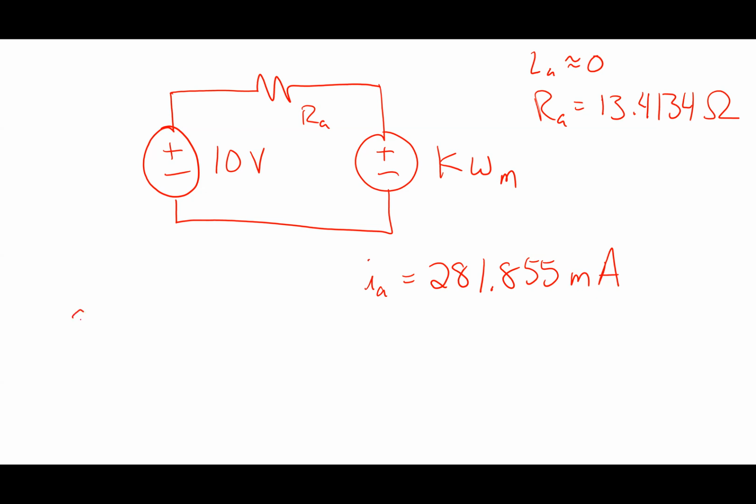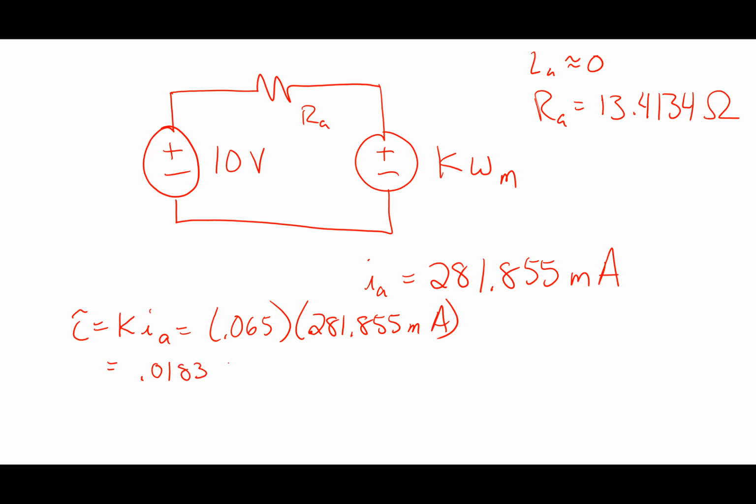So the torque that it's making is K times IA. So it works out to be 0.065 times 281.855 milliamps. That works out to be 0.0183 Newton meters.